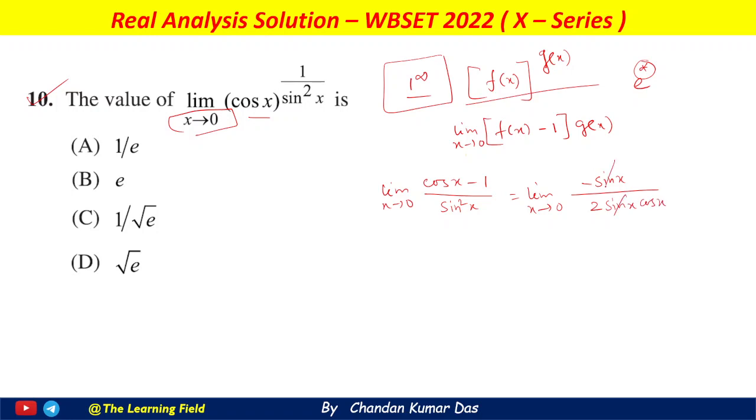The sin x cancels, and if we put the value x tending to 0, then we get this equal to minus 1 by 2. That means the value of the required limit is equal to exponential of minus 1 by 2, which is equal to 1 by root e. This is the answer, option C.